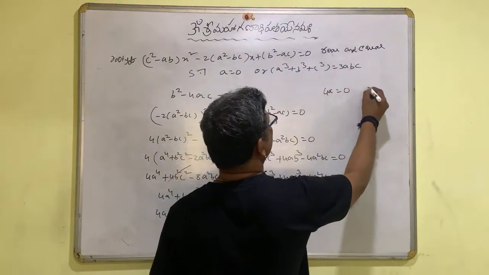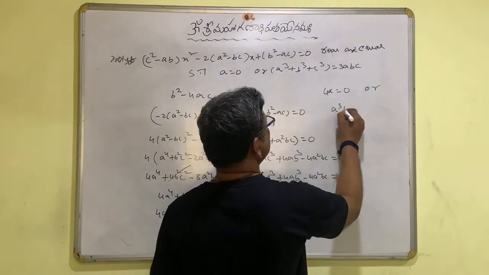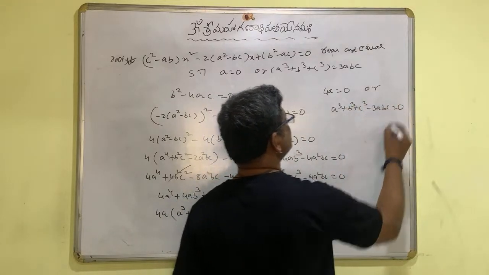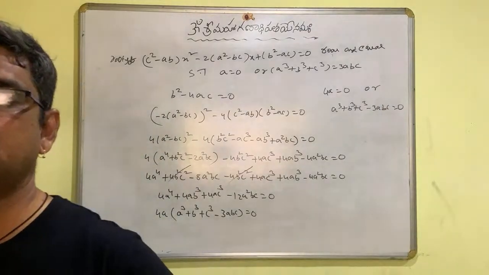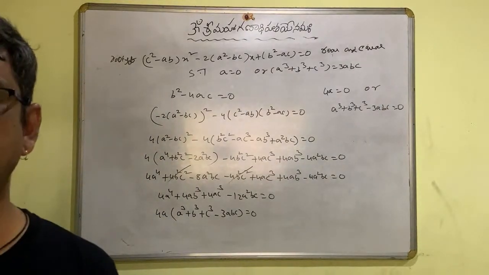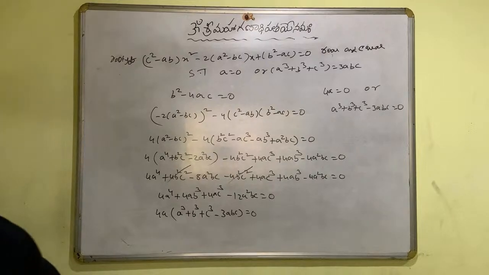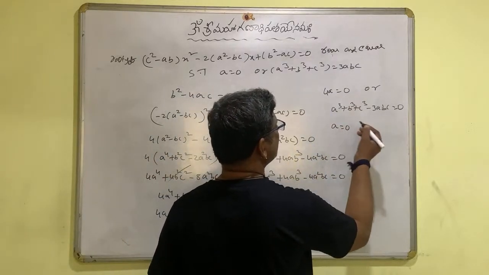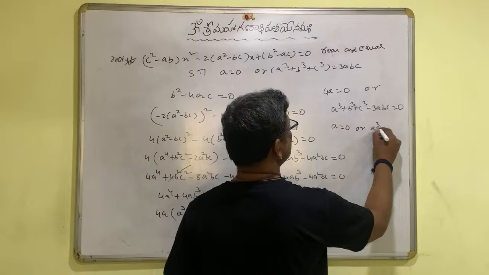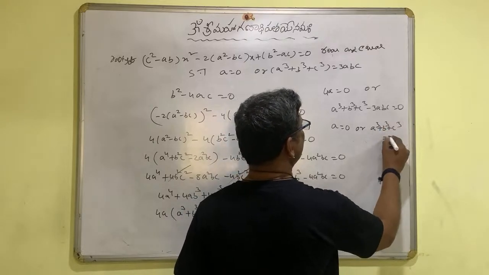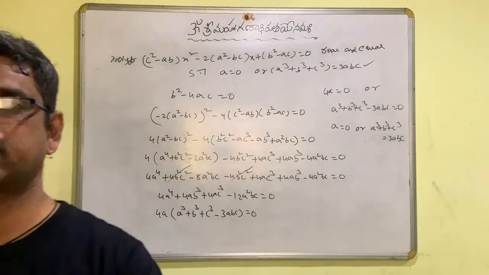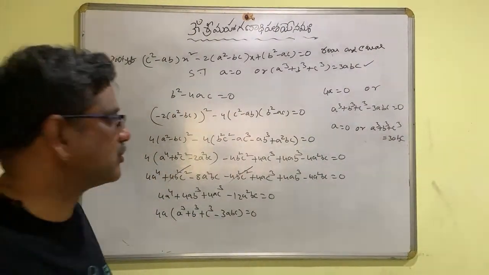Either 4a is equal to 0 or a cube plus b cube plus c cube minus 3abc is equal to 0. That means 4a 0 means a is 0, or a cube plus b cube plus c cube is equal to 3abc, which is the answer.